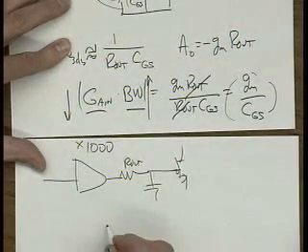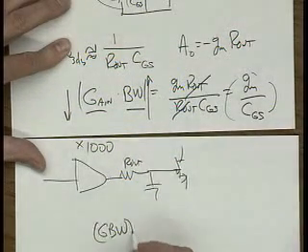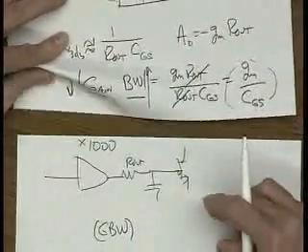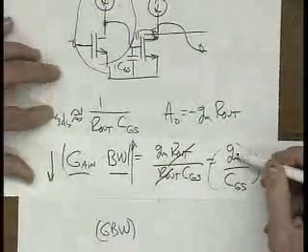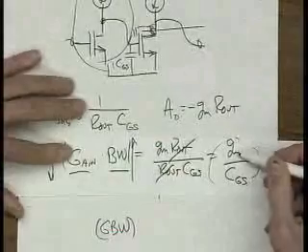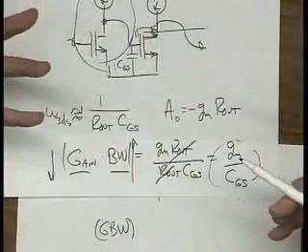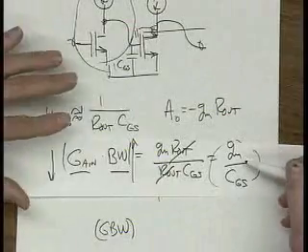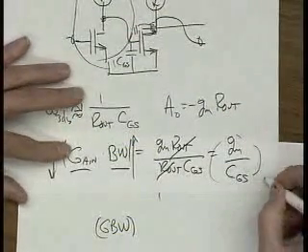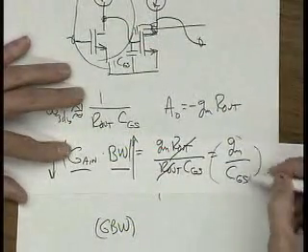Let's call it GBW. This is almost related to the process, because if you go through the numbers, you're down to the parameters of the technology you have. 0.13 micron will give you one value for GM over CGS.